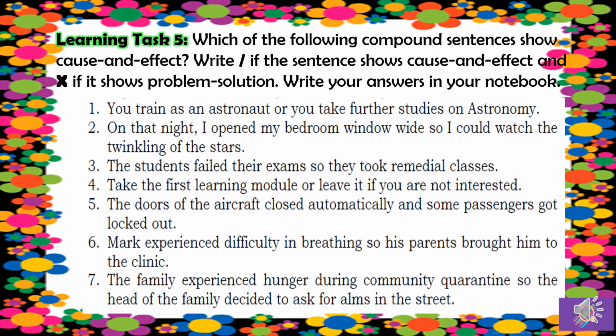Number 2, on that night, I opened my bedroom window wide so I could watch the twinkling of the stars. Number 3, the students failed their exam so they took remedial classes. Number 4, take the first learning module or leave it if you are not interested. Number 5. The doors of the aircraft closed automatically and some passengers got locked out.